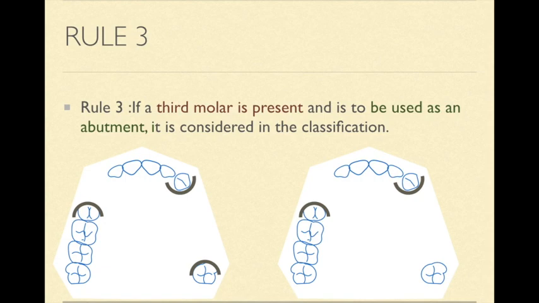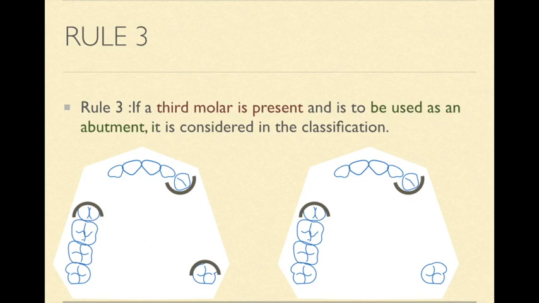Rule 3 is an exception. What if we want to restore it? Or what if we have a third molar present and it will be used as an abutment? Then you have to consider the third molar in your classification. So for example, take a look at those two different graphs. They have the same teeth. However, on the left side, we are going to use the third molar as an abutment, meaning that we will put a clasp on it.